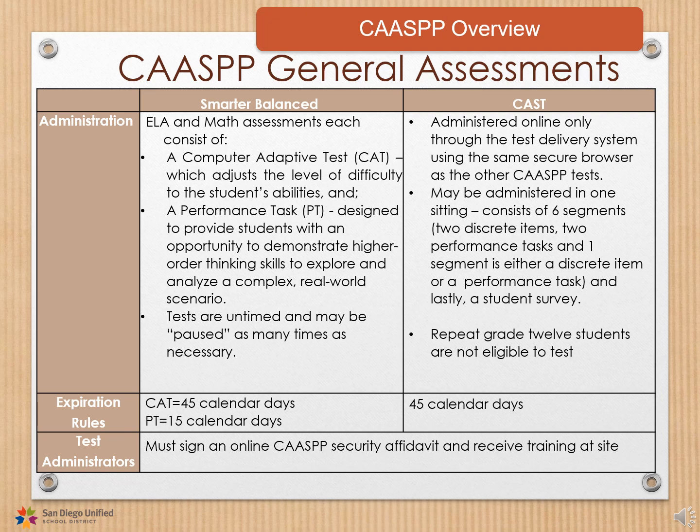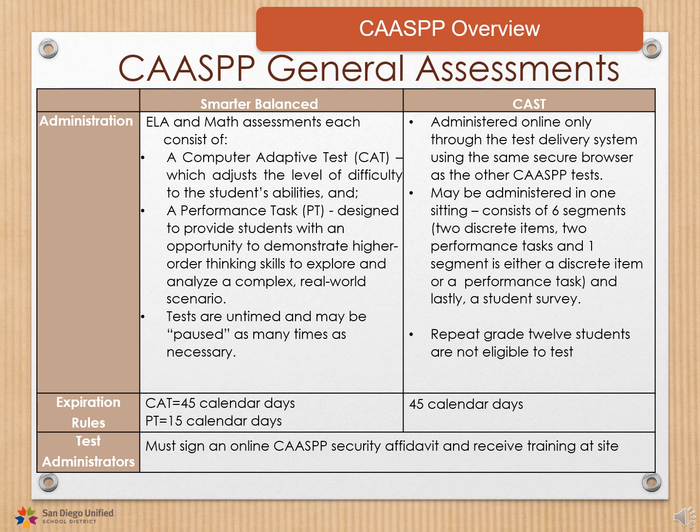Smarter Balanced recommends that students take the CAT and the PT items on separate days to minimize the effect of student fatigue. For each content area, Smarter Balanced also recommends that students begin with the CAT items followed by the PTs.